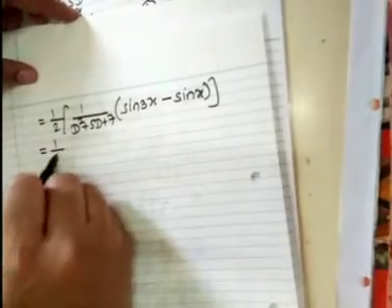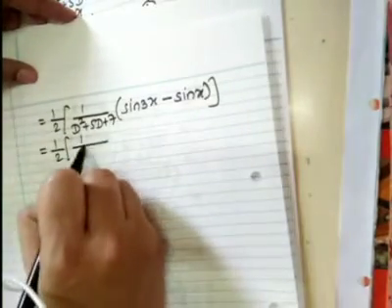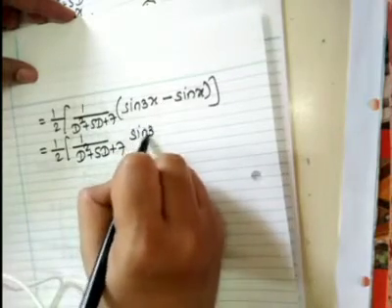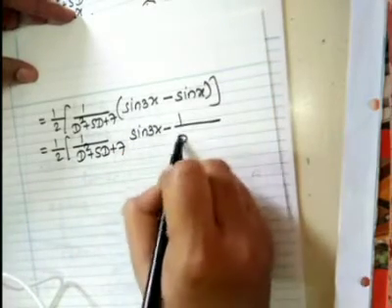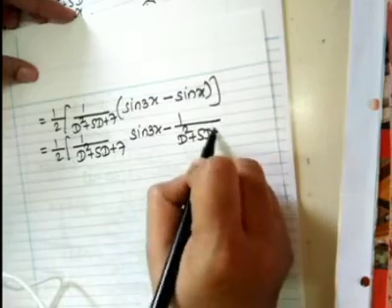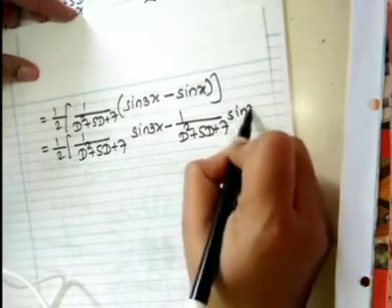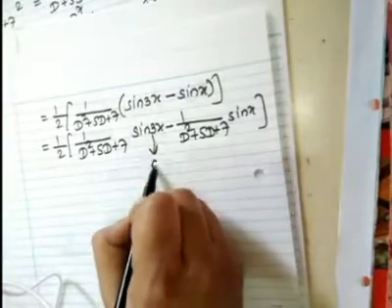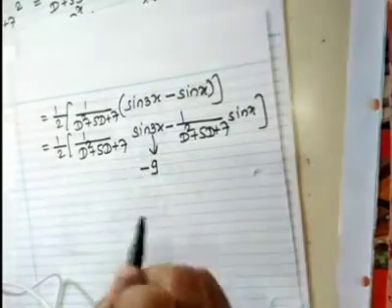Then just separate it. So it is 1/2 of 1 upon d square plus 5d plus 7 into sin 3x minus 1 upon d square plus 5d plus 7 into sin x. Here for sin 3x the number is 3, square 9, with negative sign, so minus 9.